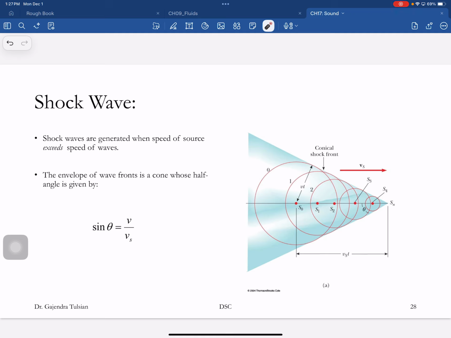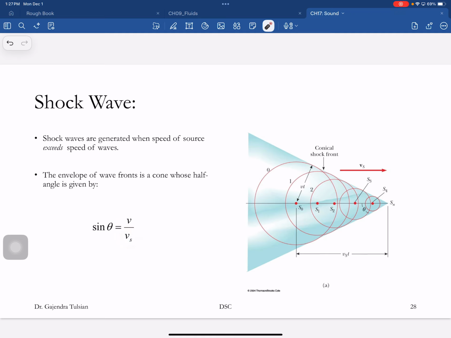So shock waves are generated when the speed of the source exceeds the speed of the waves. The envelope of the wavefront is a cone whose half angle is given by that. This is the speed of the source, and that's the speed of the sound wave.